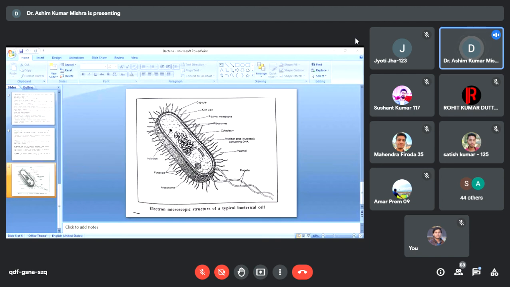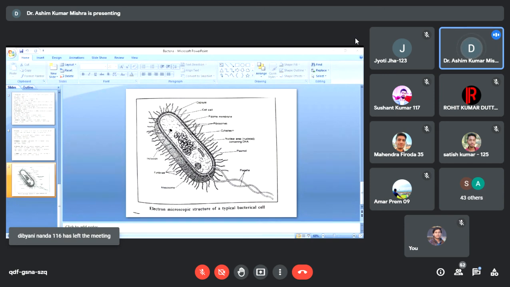For making slides for a compound microscope, it takes minutes, 5, 10, 20 minutes. But for preparation of the slides for an electron microscope, it takes days, 1 day, 2 days.